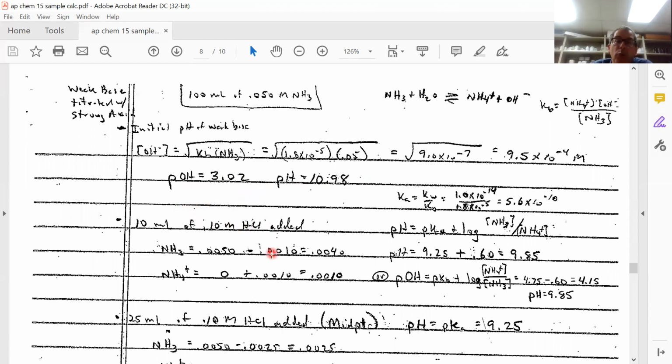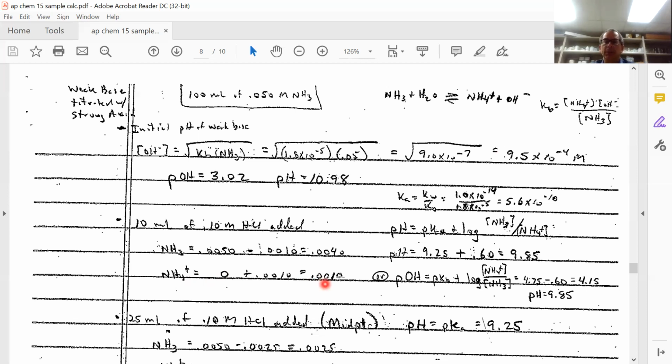That tells me I have 0.0010 moles of H plus added. What that's going to do is convert NH3 to NH4 plus. So that 0.0010 moles is going to be subtracted from the NH3, making it 0.004, and it's going to be added to the 0, making this 0.0010.